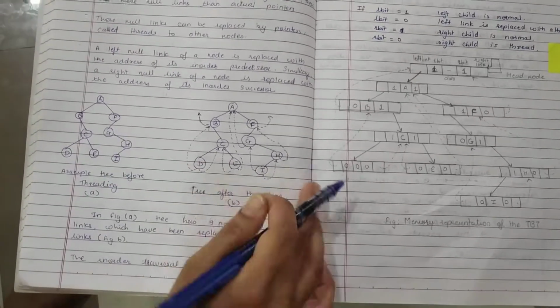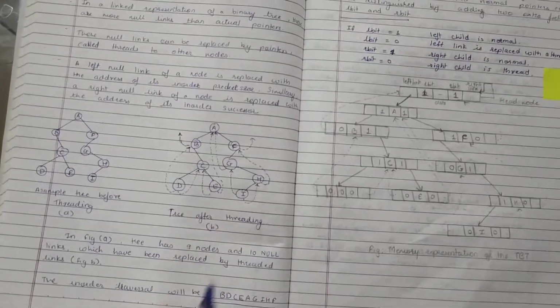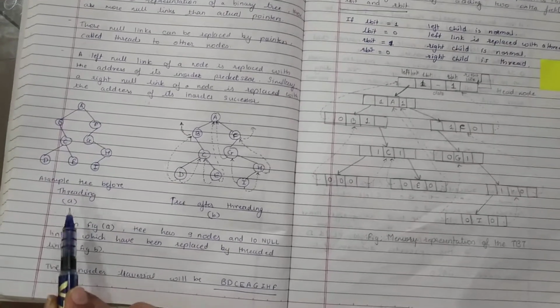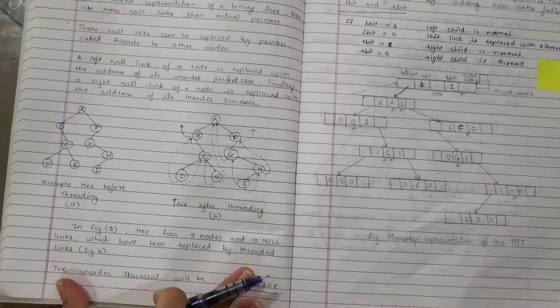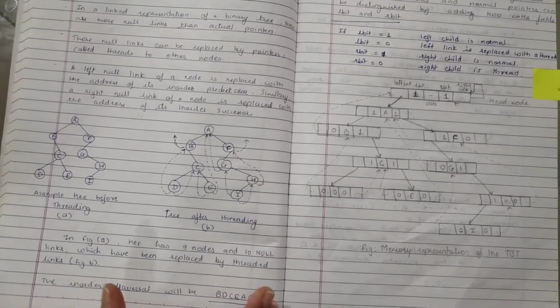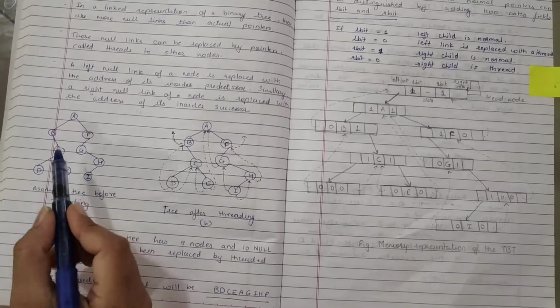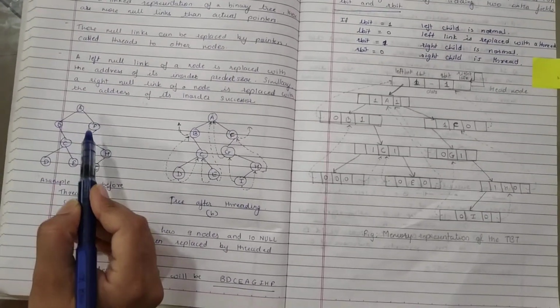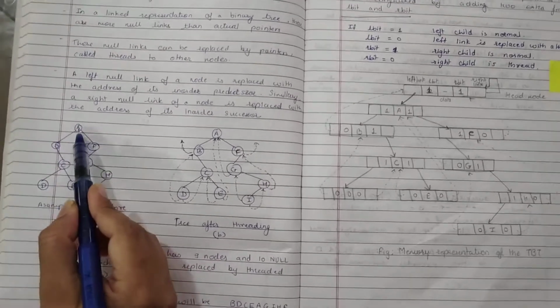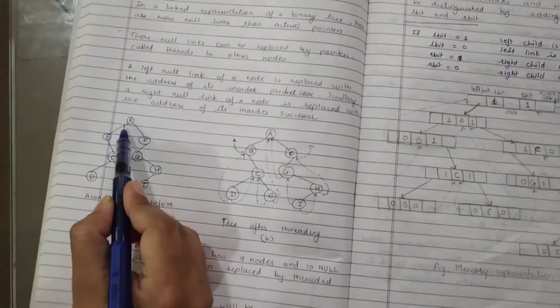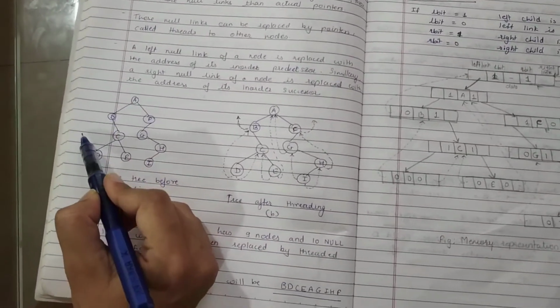In the first diagram, first of all you should know the in-order traversal of the given tree. How to find in-order traversal? The in-order traversal sequence will start from the left node, then the root node and then the right node. Here we will start with the root node and then find the leftmost node.